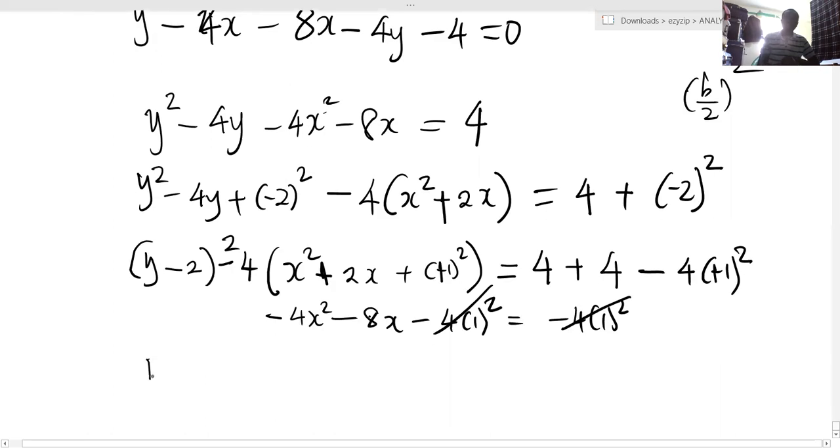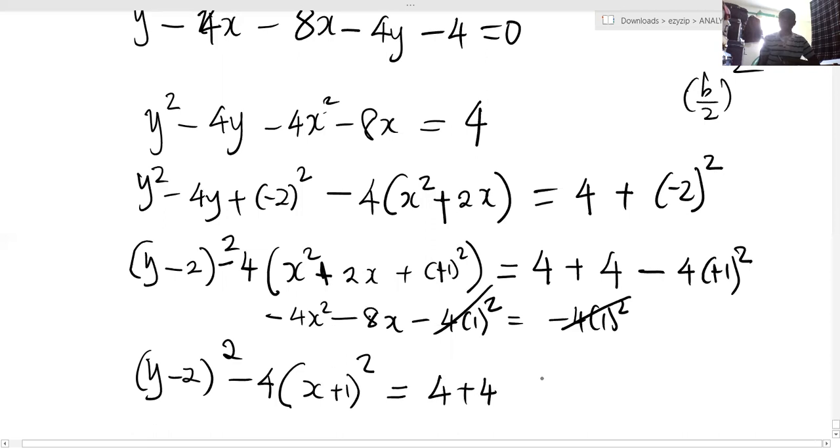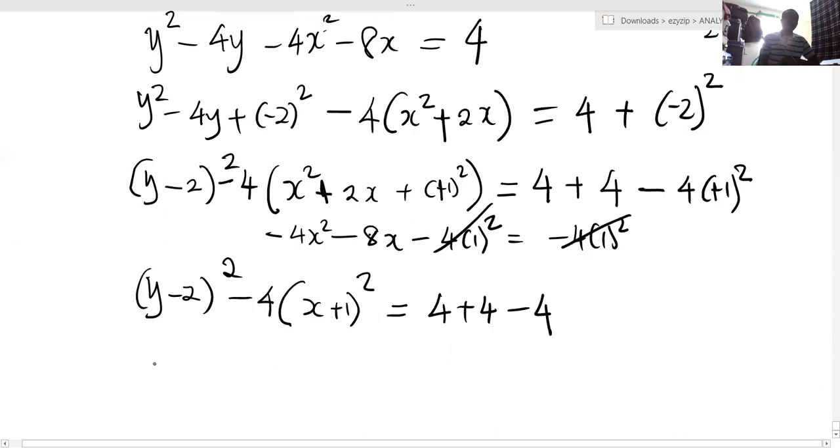So I'll have y minus 2 squared minus 4 x plus 1 squared equals 4 plus 4 minus 4, so this will be y minus 2 squared minus 4 x plus 1 squared equals 4.